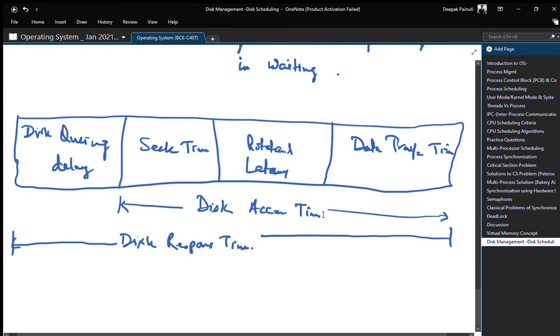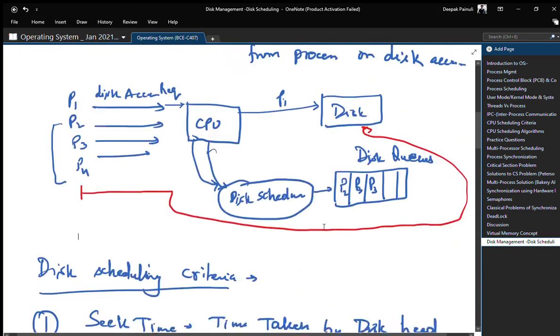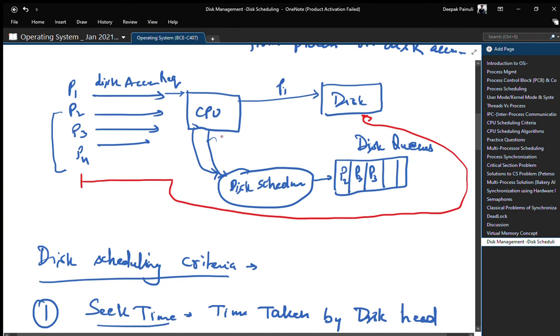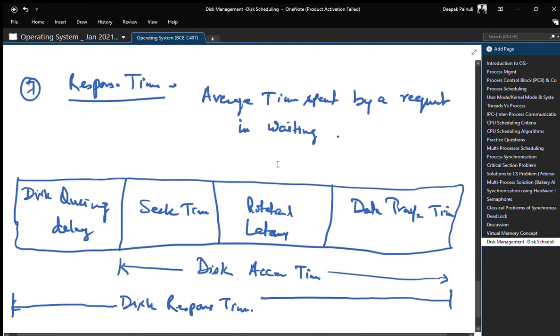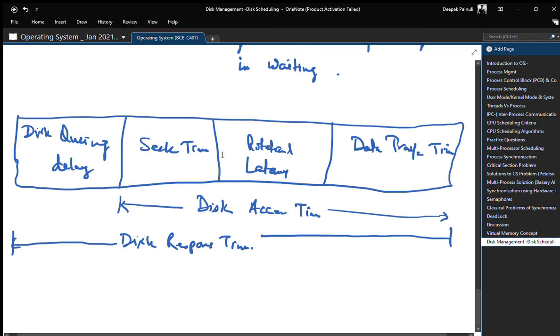So it is the summation of the queuing delay, which occurred here. This is the queuing delay, putting the process into the queue and taking that particular process back for the disk, scheduling that particular process to the disk, right? So queuing delay will be added to all the disk latencies, like seek time, rotational latency, data transfer time, commonly known as disk response time.